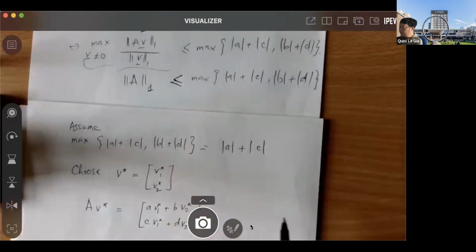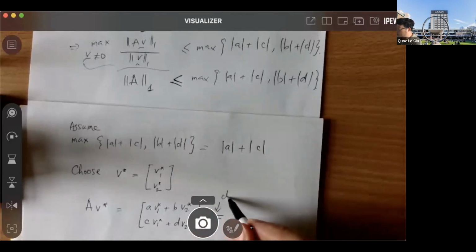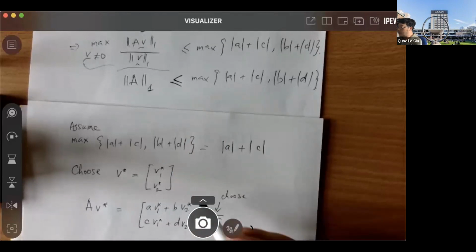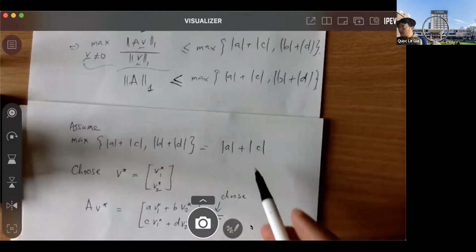And I want to choose V1 star and V2 star so that, when you take the one norm, it's equal to A plus C in absolute value.